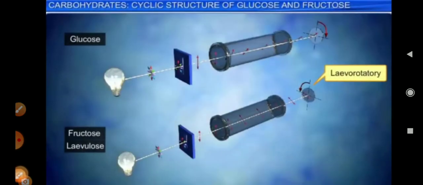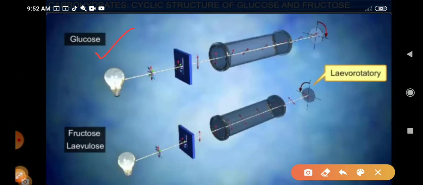Let us take two different samples here. One is glucose, the other one is fructose. In glucose, when the plane of polarized light is made to pass through the sample, what is observed? It rotates the plane of polarized light in a clockwise direction. Therefore, it is called dextrarotatory in nature. But in the fructose molecule, when the plane of polarized light is made to pass through the sample, it rotates the plane of polarized light in an anti-clockwise direction.